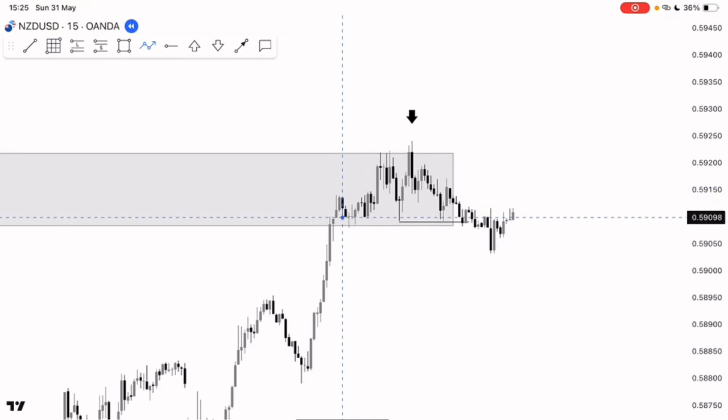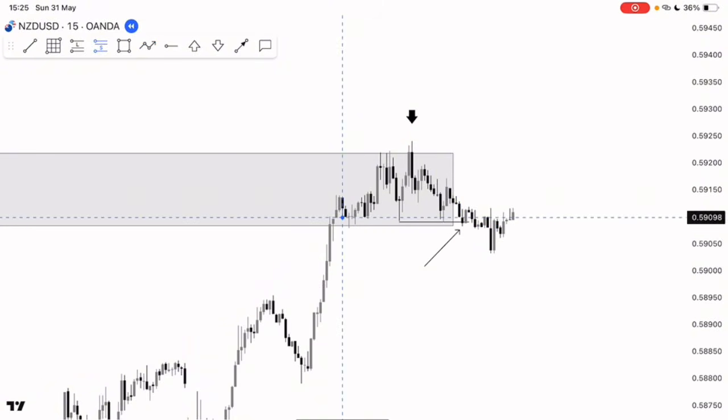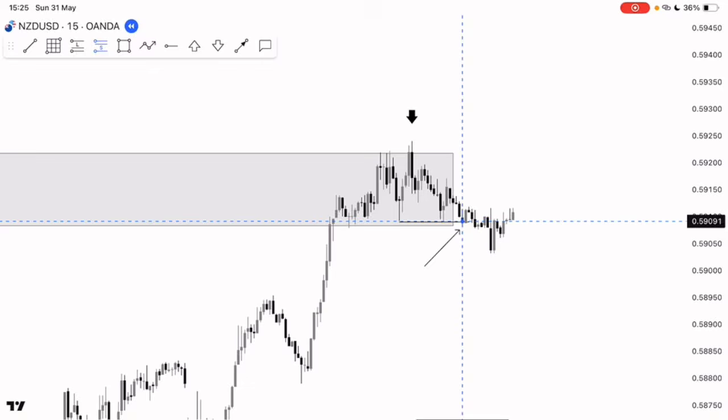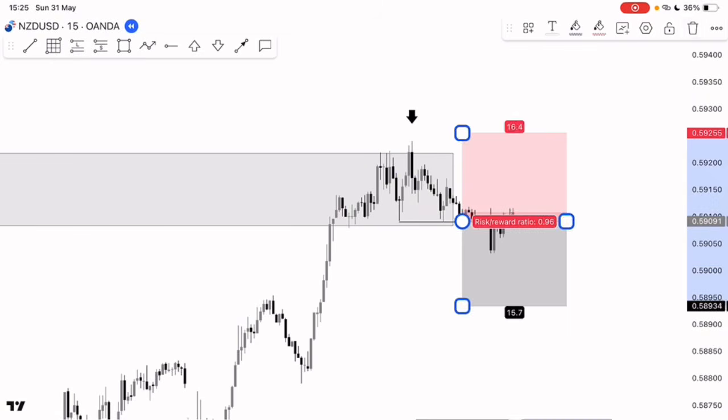Once we have this change of character here, they can just jump into the trade like this and set their SL here. It's still the same thing, but the difference is that your SL will be wider because you enter the trade too early.